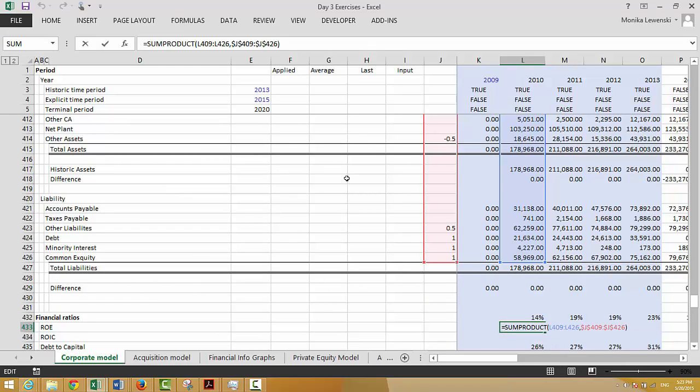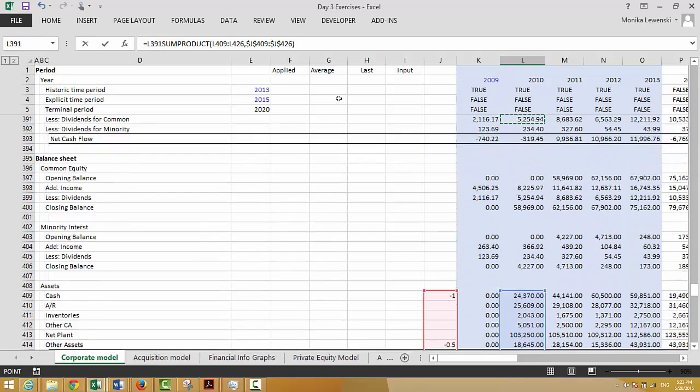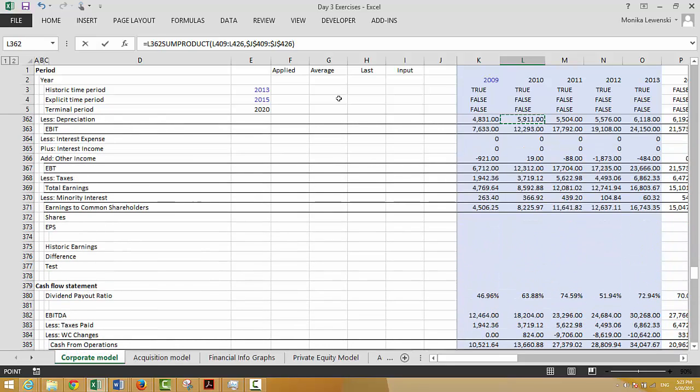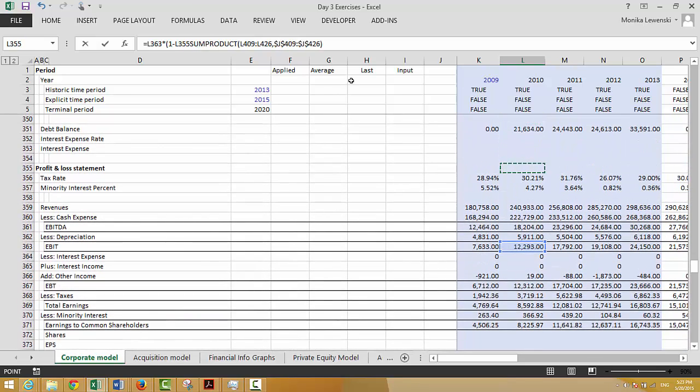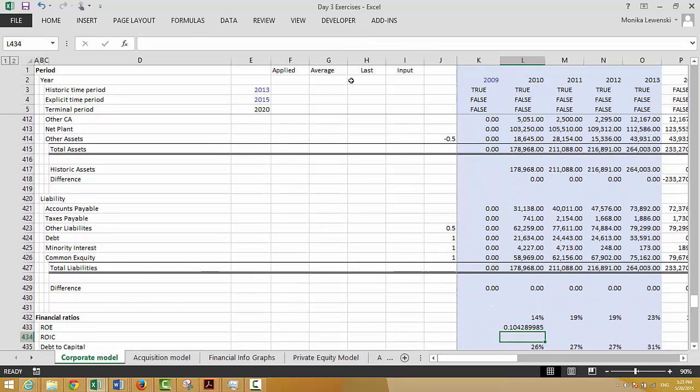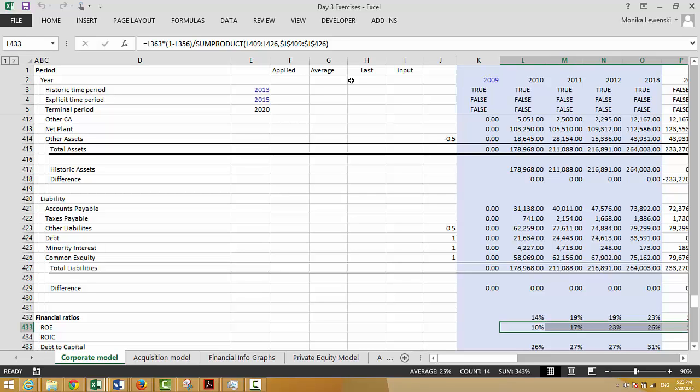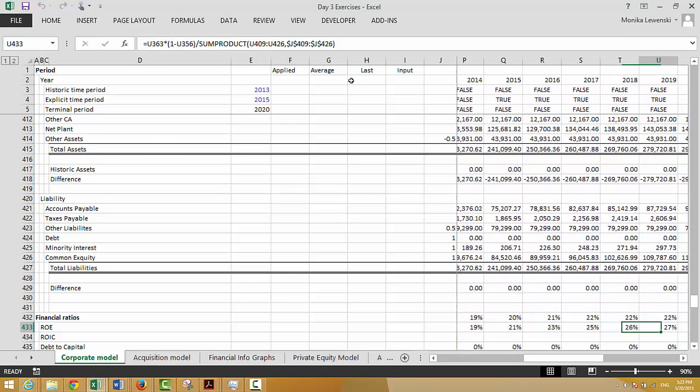Press F4. And then we can take the NOPAT, I don't care which you call it, which is simply on the profit and loss: let's get the EBIT multiplied by 1 minus the tax rate. Okay, and this would be the return on ending invested capital, but I'm going to leave that because that's close enough. That's what you really want to see.